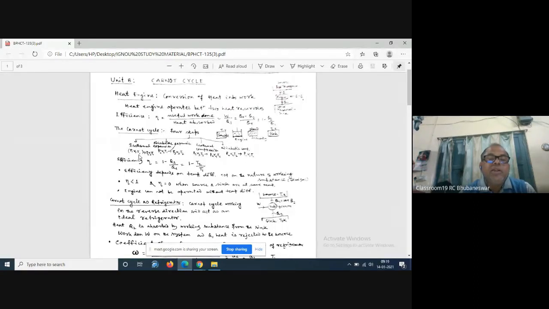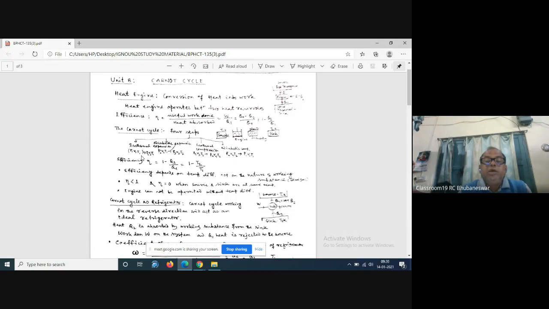When the isothermal expansion takes place, how do we do it? First the engine is placed over the source and the barrel is moved upward so that the gas expands. When the gas expands, its temperature will fall, but since it is placed on the source, heat is absorbed from the source to keep the temperature of the gas constant.